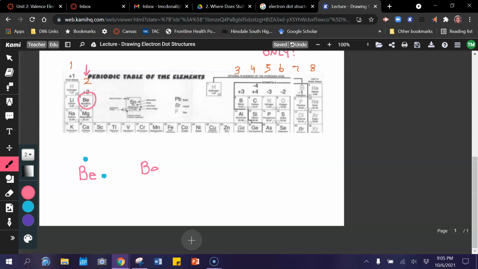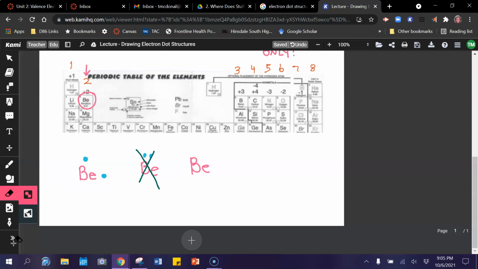If you were to draw beryllium like this, that would be incorrect. You would not get points for that answer. If you drew beryllium like this, if you did maybe top or side, then that would be perfectly acceptable.